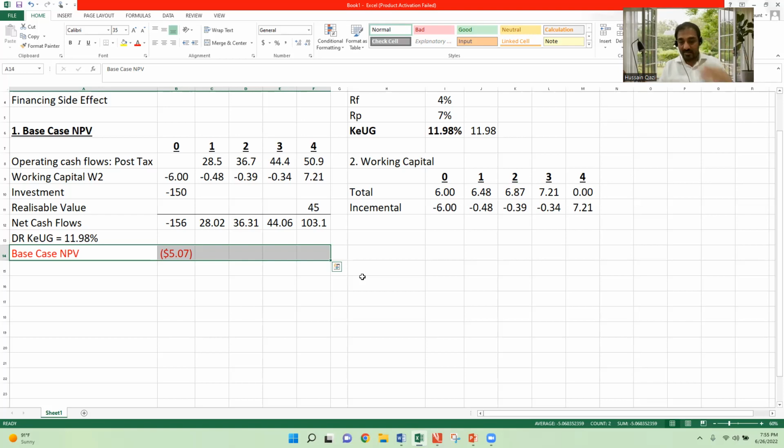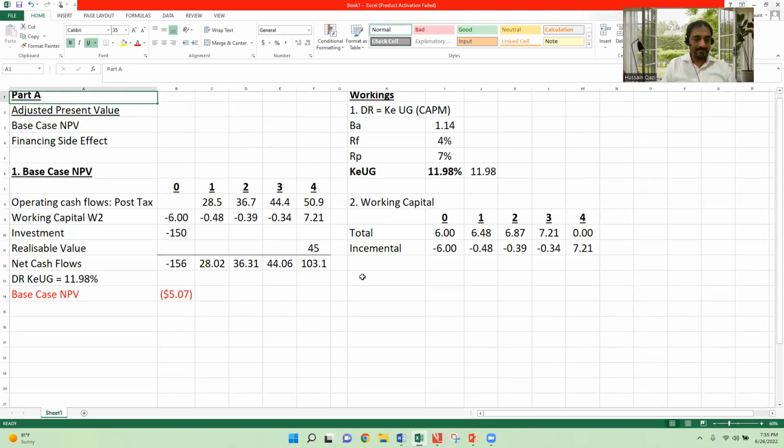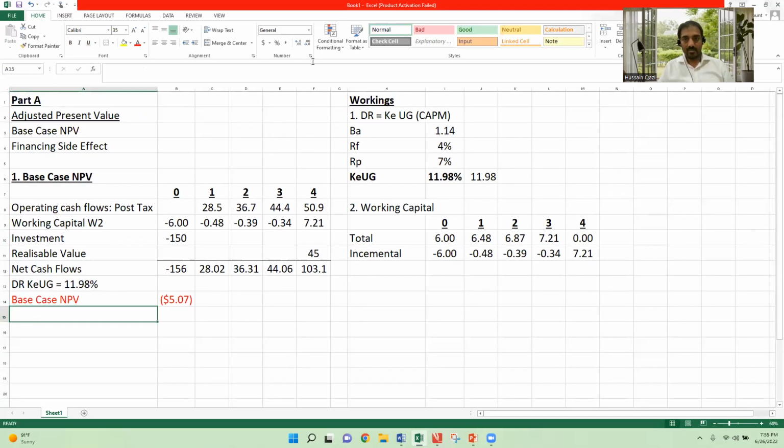Are you getting the point? Can you please reply to me? The spreadsheet function is a key component, especially for the professional marks. And this is the base case NPV.